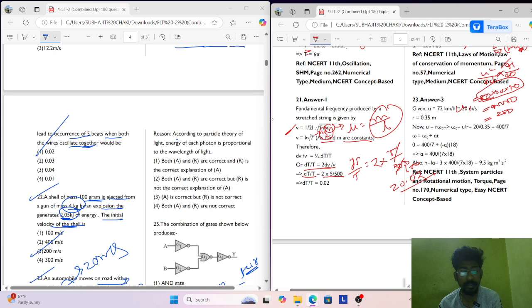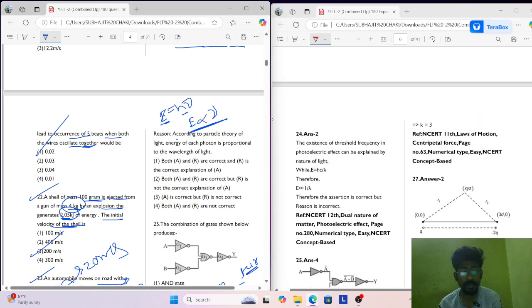Yes, E equals to h nu, therefore E will be proportional to nu, as h is Planck's constant. Okay, so this is correct. Assertion was also correct, but the assertion cannot be explained. Assertion is to observe the photoeffect at a certain minimum frequency, that is the threshold frequency. That is not defined in the reason. Therefore, option number 2 will be correct.